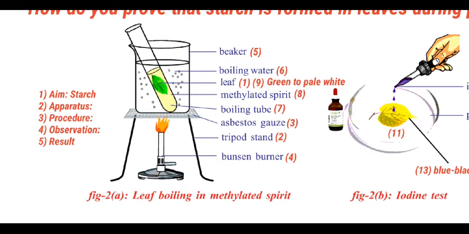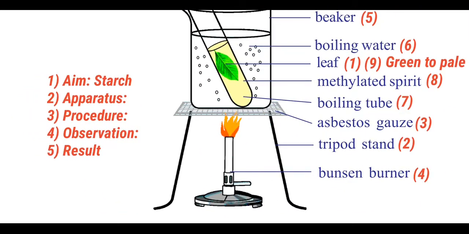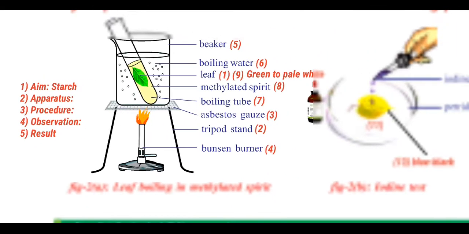So one page is over. I think your one page is filled up. Aim you have written by seeing the question. Apparatus you have written by seeing the diagram. Procedure also you have written by seeing the diagram. So what is the observation? It is already seen here.